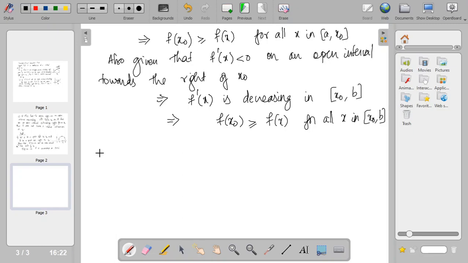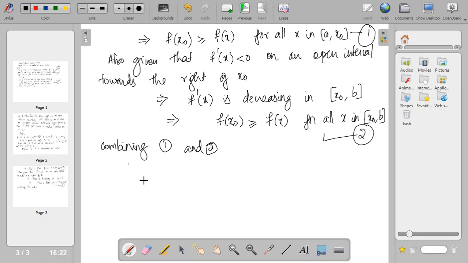So combining, let me call this result 1 and this result 2. When you combine 1 and 2, that implies f of x0 is greater than or equal to f of x in an interval containing x0.